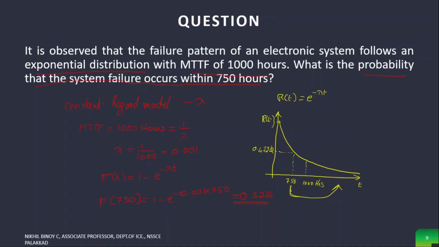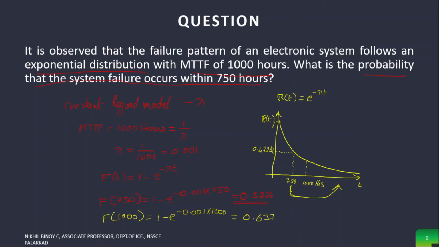If we find F of 1000, it is 1 minus e raised to minus 0.001 into 1000, which is 0.637, that is 63.7%. Almost two-thirds of the manufactured components fail before or around the mean time to failure. Please note the concept.